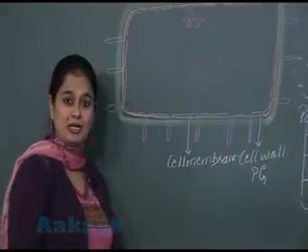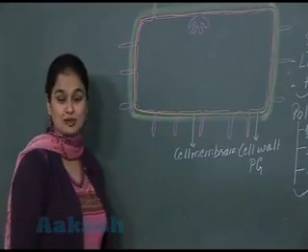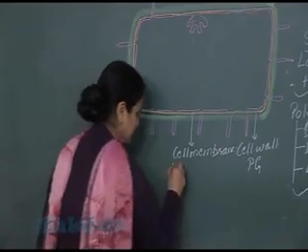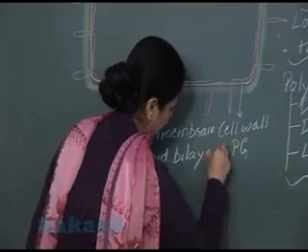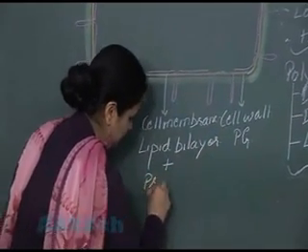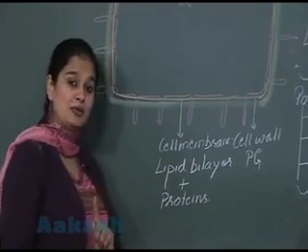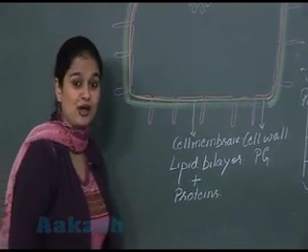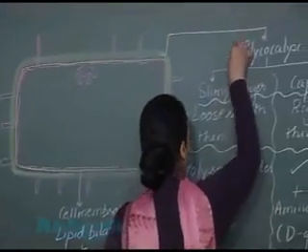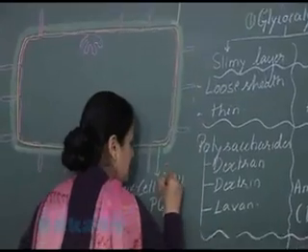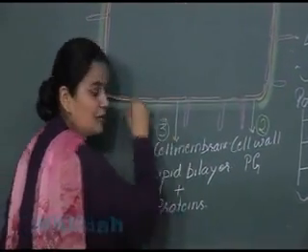A true membrane is made up of a lipid bilayer. Along with that, there is also the presence of proteins. So around the bacterial cell there are three layers: glycocalyx outermost, the cell wall in the middle, and the cell membrane innermost.